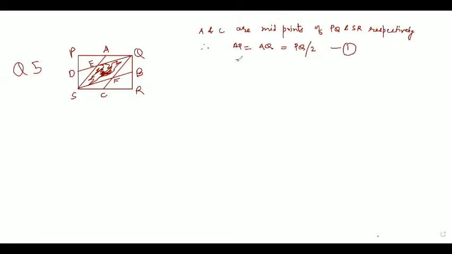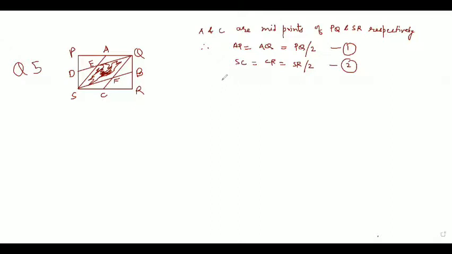Then SC equal to CR, which is half of SR. This we will make as the second statement.